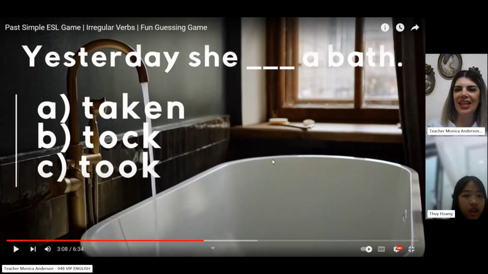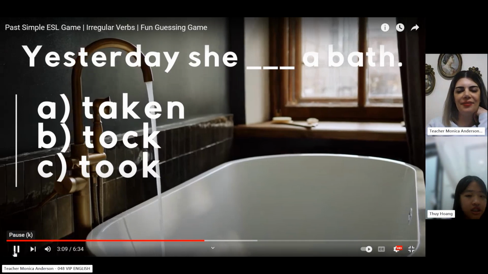She. Yesterday, she took a bath. Excellent.